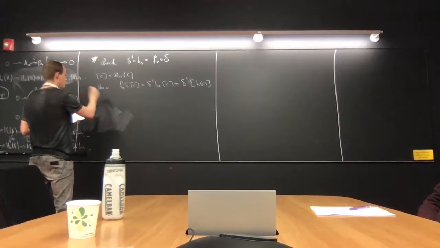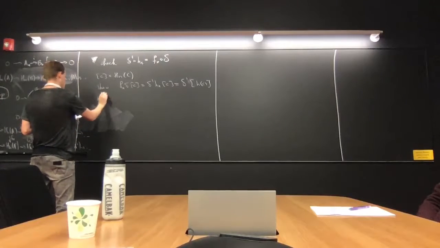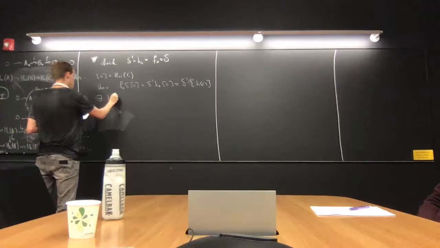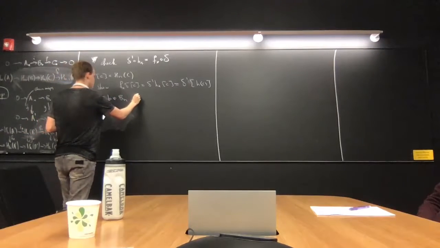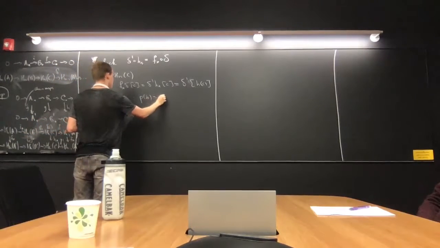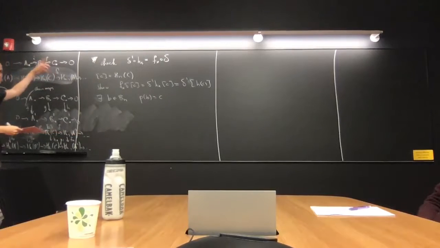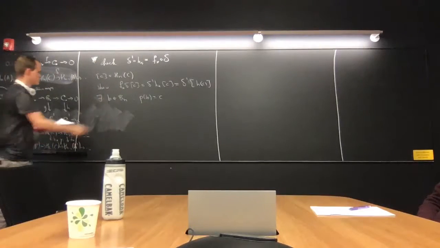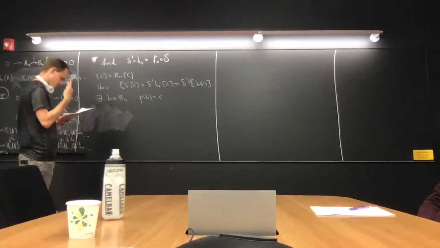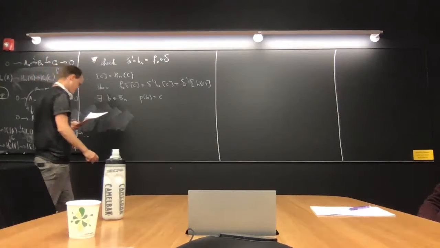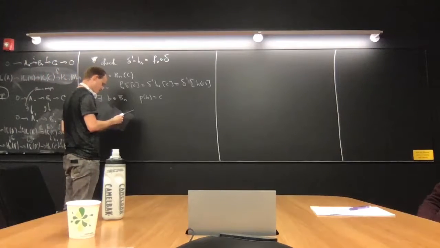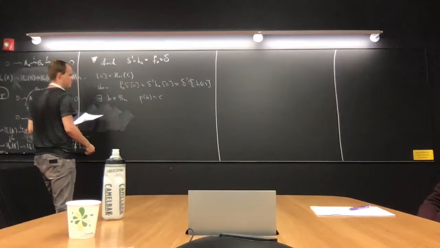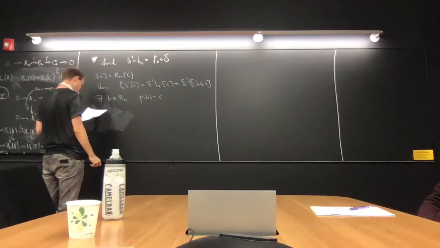Okay, so first of all, we can choose a b in B_n such that p of b equals c, because that's an exact sequence. So p is surjective.